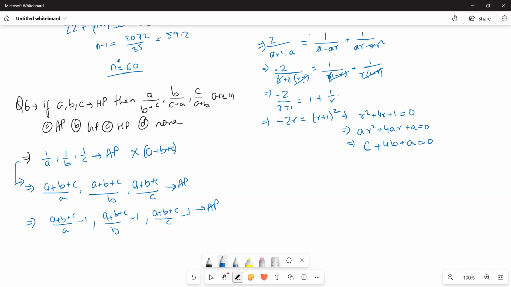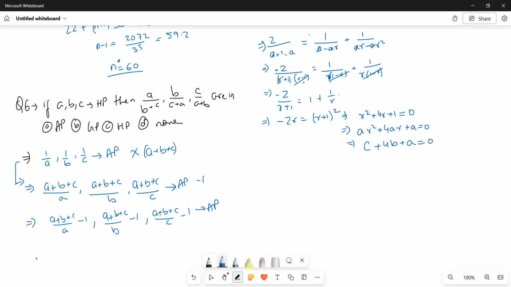अच्छा, ये क्यों होगा? Same properties again. If the same value is subtracted from all terms of an AP, so यहाँ पे this is in AP, from all the terms we do a minus 1. If a same value is subtracted from all the terms in AP, the resulting sequence is still an AP. ठीक है ना?